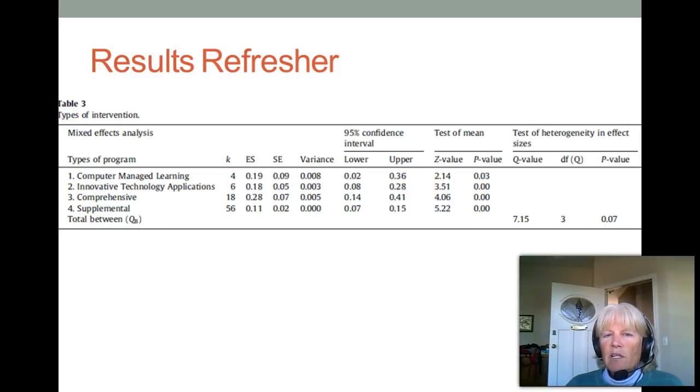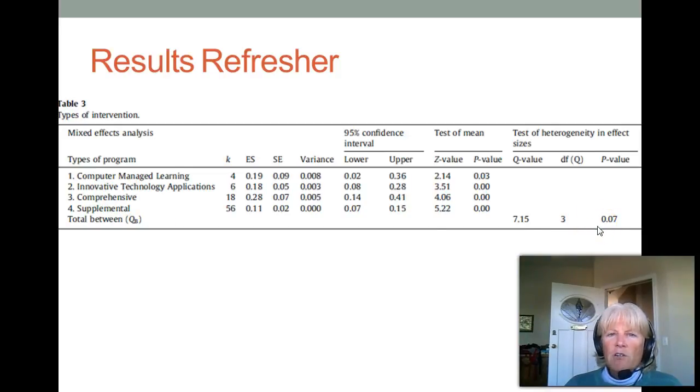We really would like the p-value to be less than 0.05 in order to make a claim that it's statistically significant. But what they're trying to say is that there is at least getting close to enough evidence to say that there is a difference between the supplemental types of programs and comprehensive programs and so on. So that's basically what that information tells you.